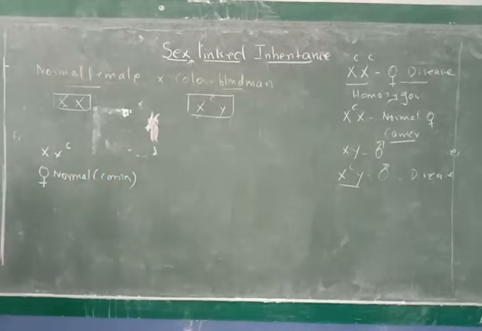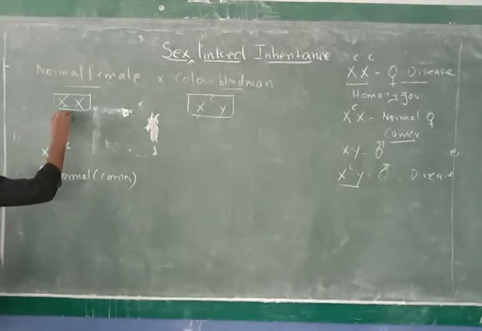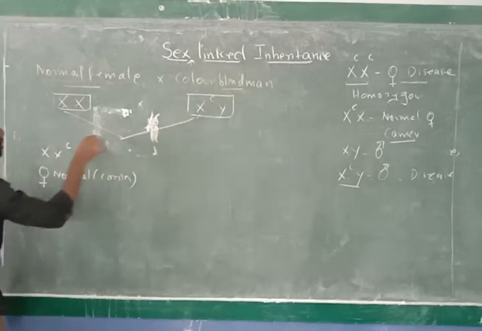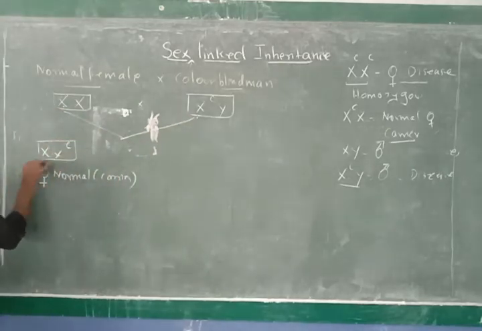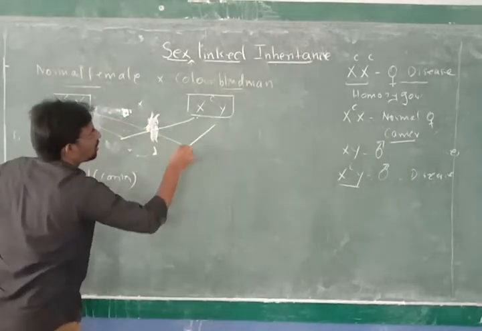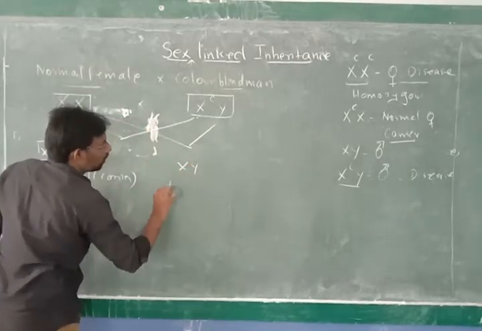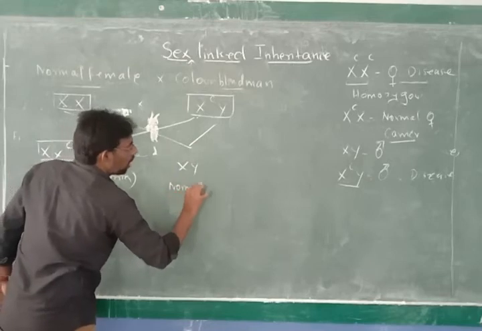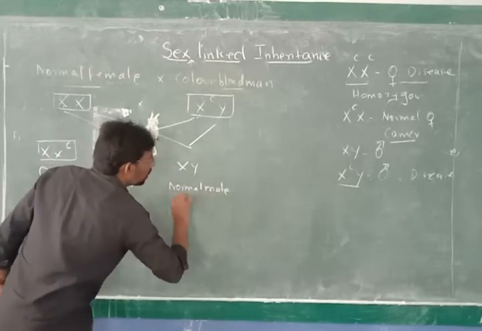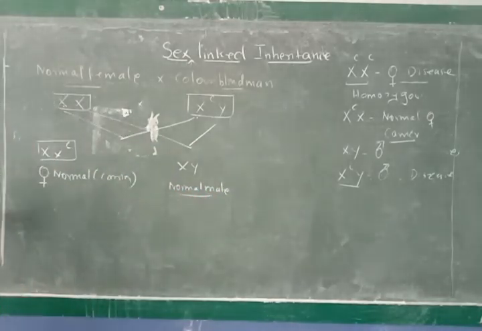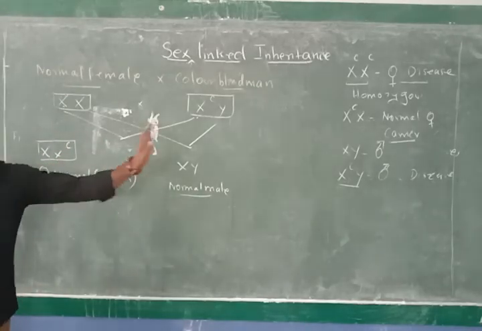Even when a normal woman marries a colorblind man, the young ones will be like this. One female will be a carrier. Then join this and this, you will have normal male. If that family has a male, no problem.